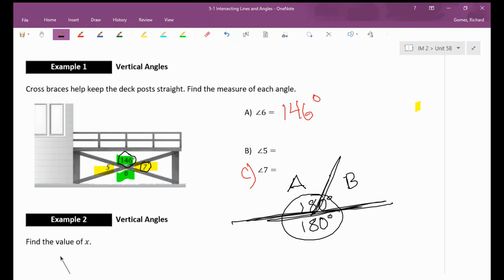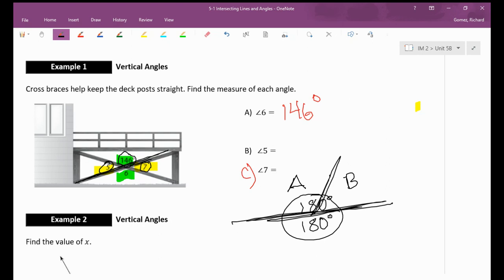Those create straight lines or angle pairs or supplementary angles, different vocabulary words to mean the same thing. So that's one way, right? And the other way was 146 degrees and angle 5, that create a straight line there.